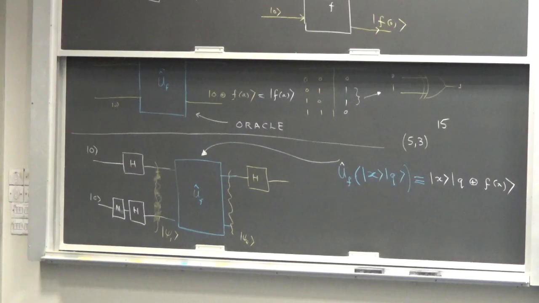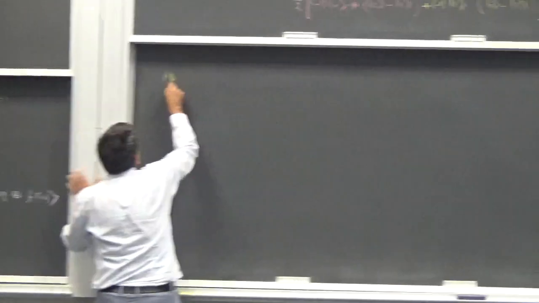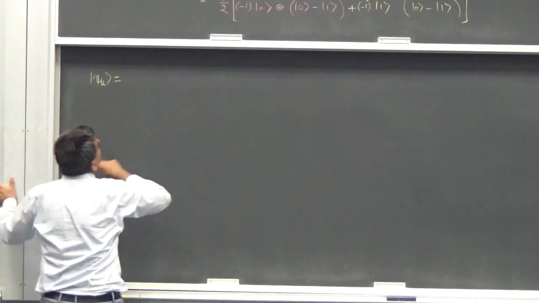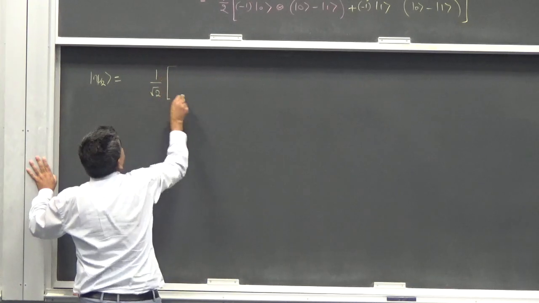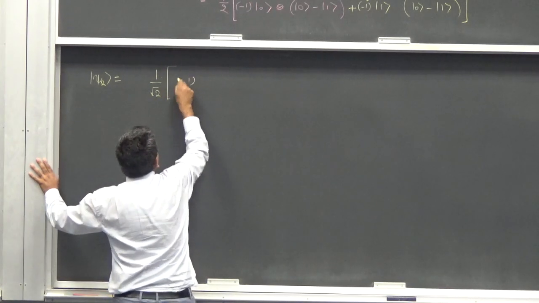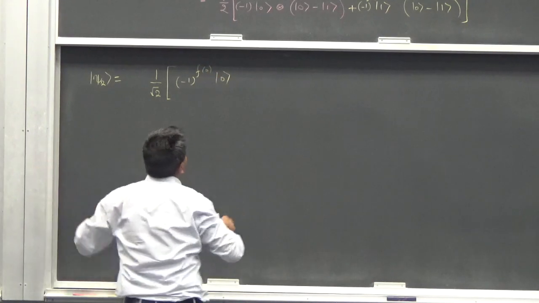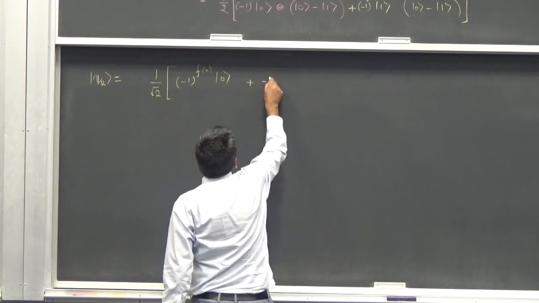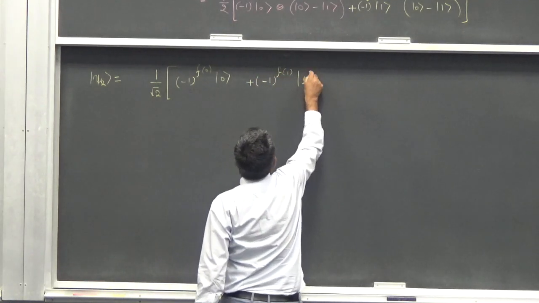I can also write the state psi 2 in the following form: 1 over root 2, (-1)^f(0) |0⟩ plus (-1)^f(1) |1⟩.